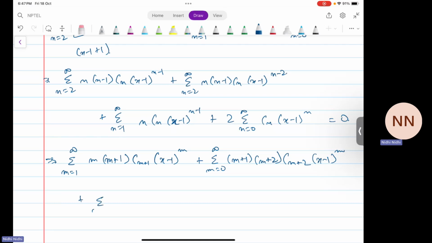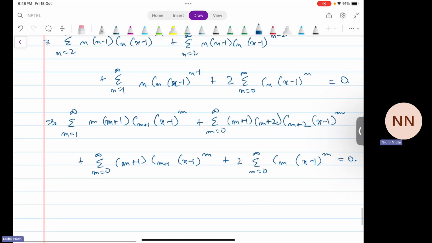Plus summation m from 0 to infinity m plus 1 c m plus 1 (x minus 1) to the power m, plus 2 summation m from 0 to infinity. So here we already had n, so just taking m to be equal to n so that everything is uniform.